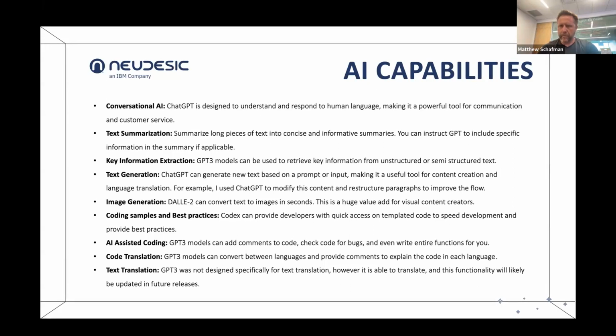There have also been use cases where you have an existing platform that's no longer going to be supported. Could we engage generative AI to convert that to a supported language? There have been some discussions around that. Then there's coding, translation, and text translation, like translating from one language to another.